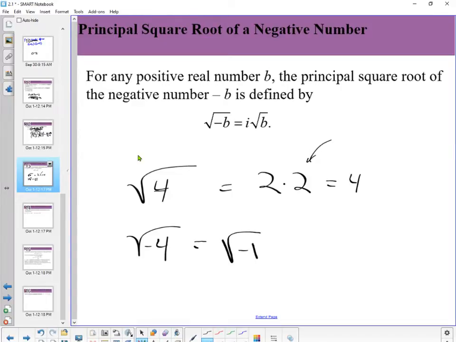We're going to say that that's the square root of negative 1 multiplied by the square root of a positive 4. Now it's legit, right? So I know that this is going to be 2, and then I can rewrite the square root of negative 1 in the form that we've given it, which is i. So that just becomes 2i. And this is what the rule is saying. When you see that negative in there, just pull it out and call it i. And try to simplify your root as much as possible.